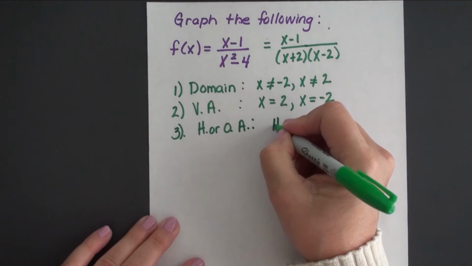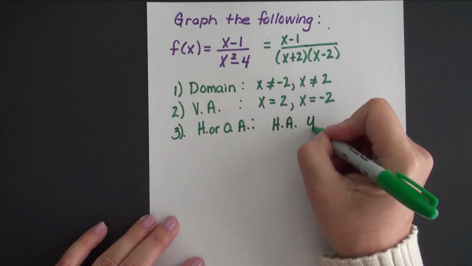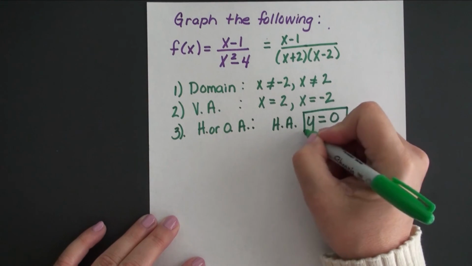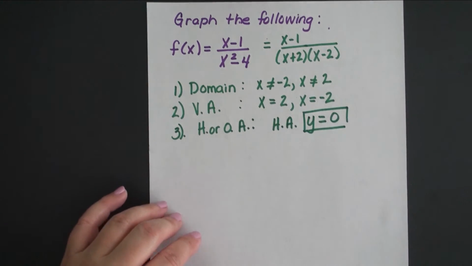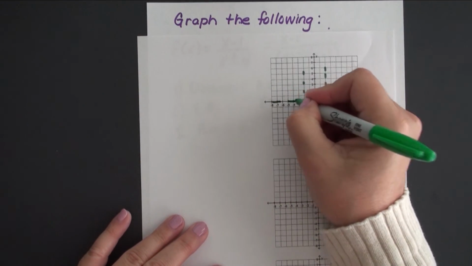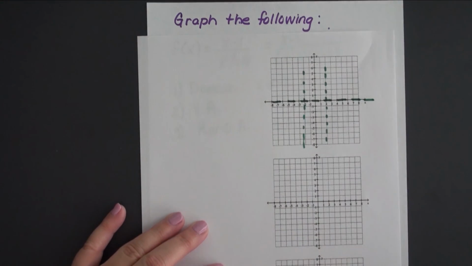Therefore, we have a horizontal asymptote, and the equation would be y equals 0. So I'm going to go back to my graph and graph the asymptote y equals 0.